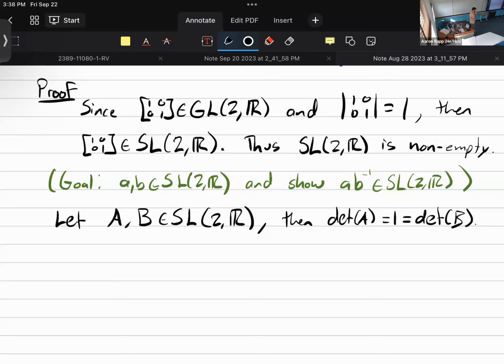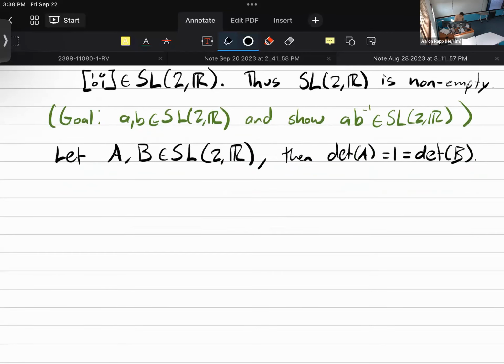Because really to show that I'm in SL, I don't need to show what happens to A times B inverse. I just need to guarantee what about A times B inverse? The determinant is 1. That's how I show that it's actually in this set. So I need to show that the determinant of A times B inverse is 1.